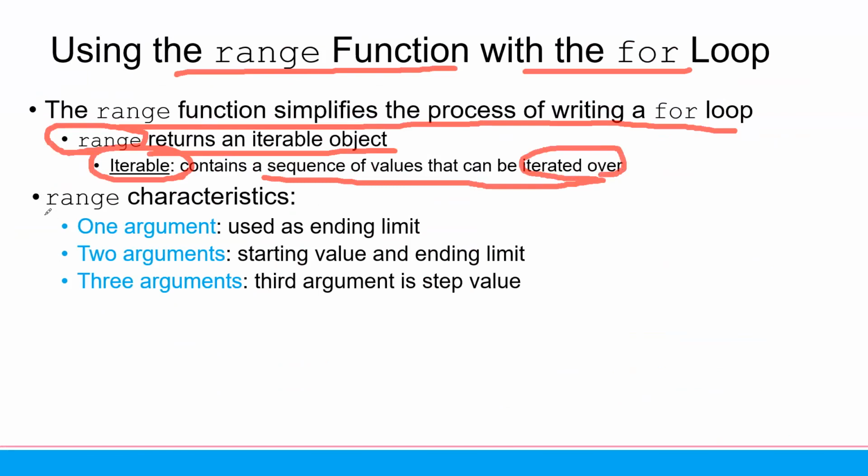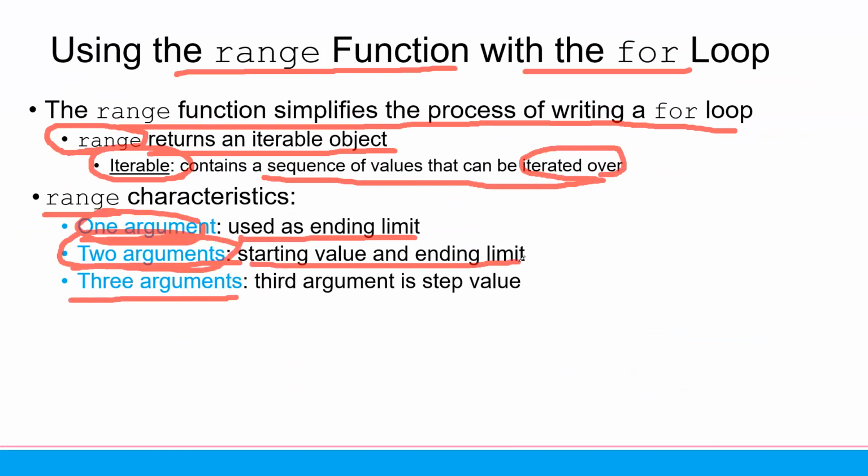There are 3 kinds of range that I will explain to you: range with 1 argument, range with 2 arguments, and range with 3 arguments. Range with 1 argument is used as the ending limit. Range with 2 arguments has a start value and an ending limit. Range with 3 arguments has a step value.